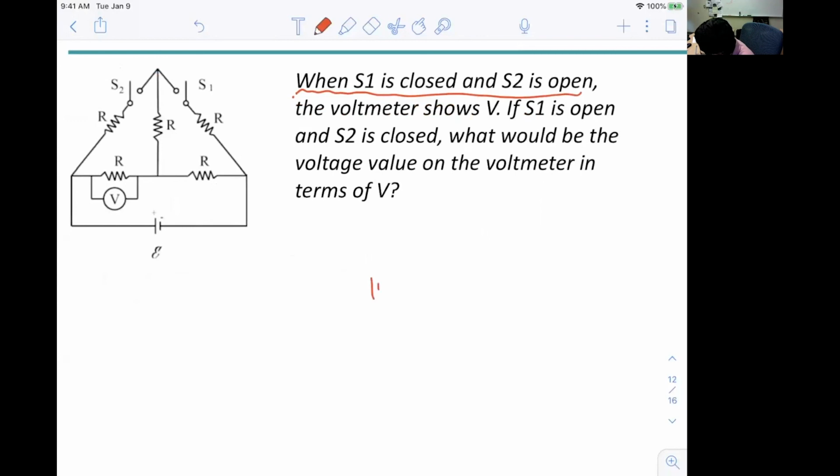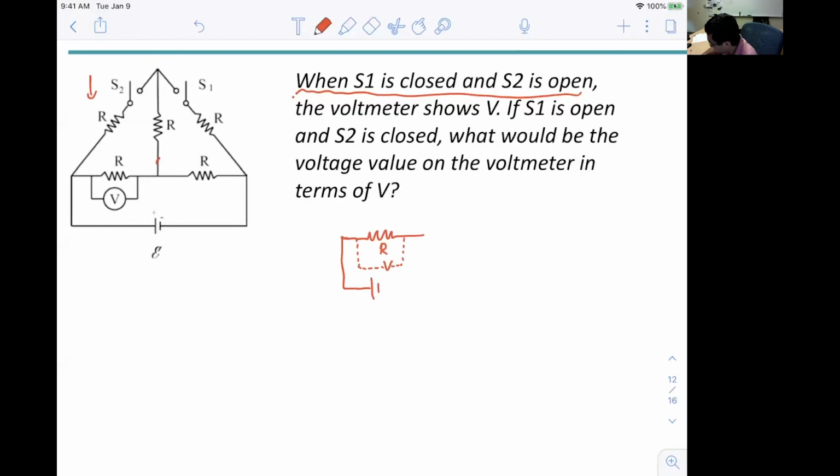So you have a battery. Now you split into 2 arms, but S2 is open. So in the first place, this resistor doesn't have any current. All the current goes through R, and this is where you connect the voltmeter.